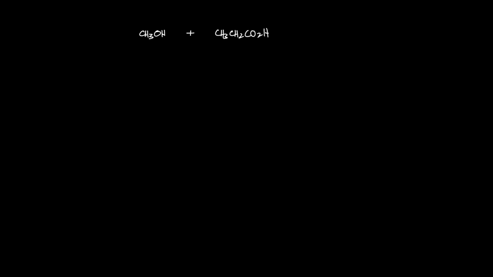These are my two reactants, and I'm using concentrated sulfuric acid, and I'm reacting it around 60 degrees, so I'm heating it mildly. Now can you tell me the structural formula of the product and the name of the product?